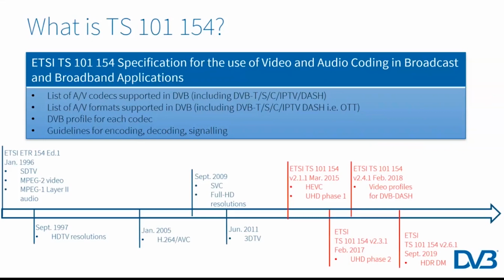The only thing we're really interested in here are the last few updates, especially the one from 2017, which added UHD Phase 2 and therefore high dynamic range as a supported format for DVB standards. Especially what this whole webinar is about is the very last update we've made last year, which is adding HDR dynamic mapping on top of the existing UHD Phase 2 HDR standards.